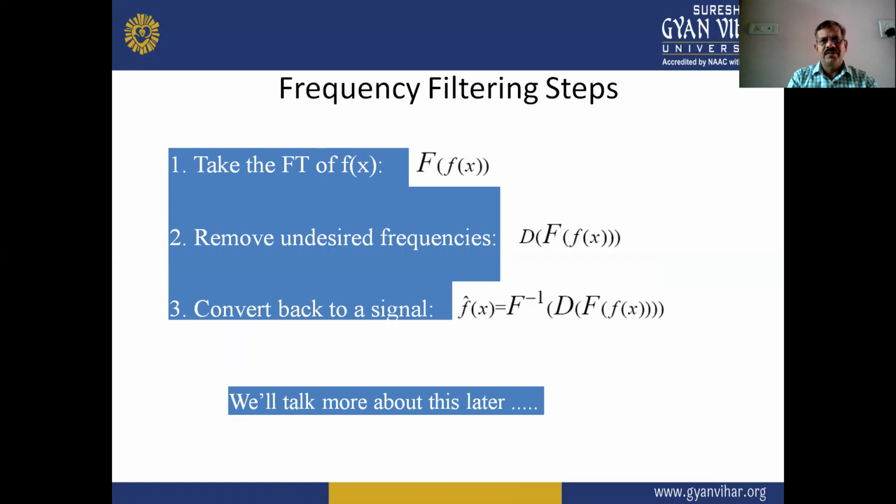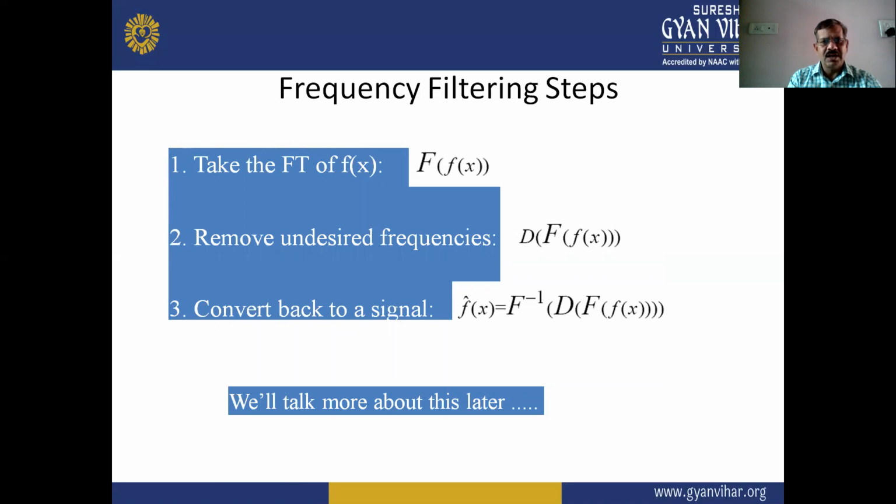Next are the frequency filtering steps. The first step is to take the FT of f(x), so the Fourier transform of f(x) is F times f(x). Second, remove the undesirable frequency, so here D times F times f(x).